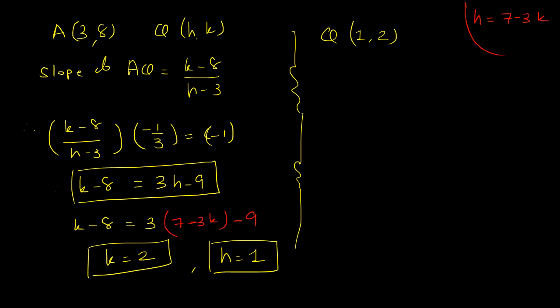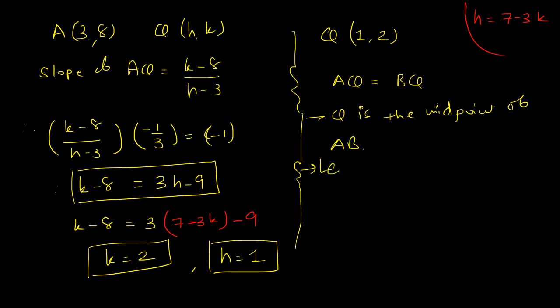Again, now Q was the midpoint because we are finding the mirror image. So can you write AQ is equal to BQ, or you can say Q is the midpoint of AB. Let coordinates of B be a comma b.